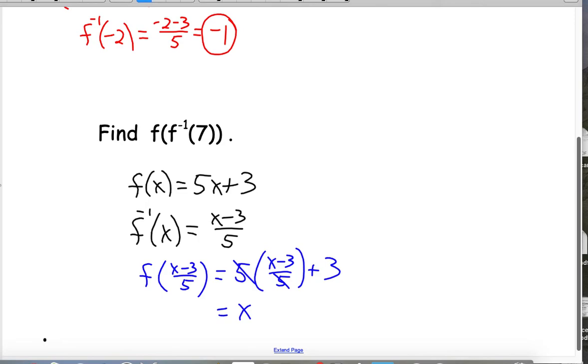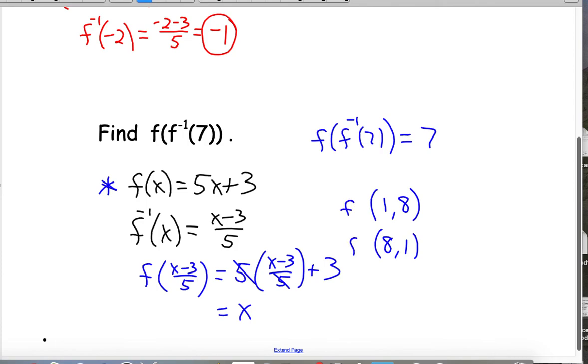So wait a minute. f of f inverse of 7 is just going to give me 7. It's the identity function. But we should have already realized that, because let's say I take the point 1 comma 8 on my function f of x. So that means that the inverse has 8 comma 1.